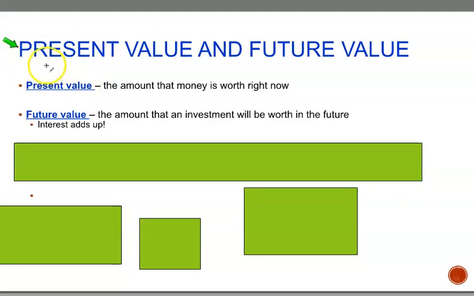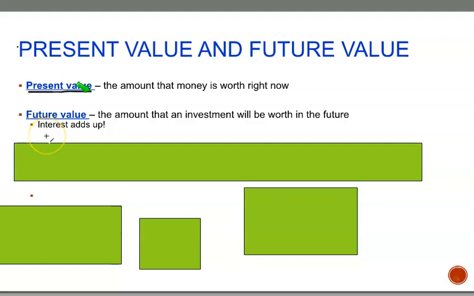When you're investing, there is something called a present value. That's the value that the amount of money you're investing is worth right now. We're going to use Sandra as an example. The future value is the amount the investment will be worth in the future.